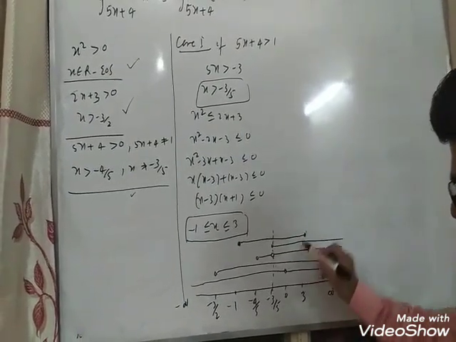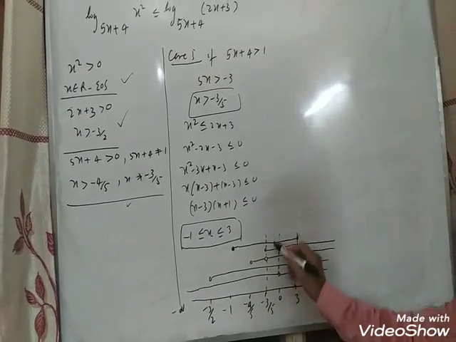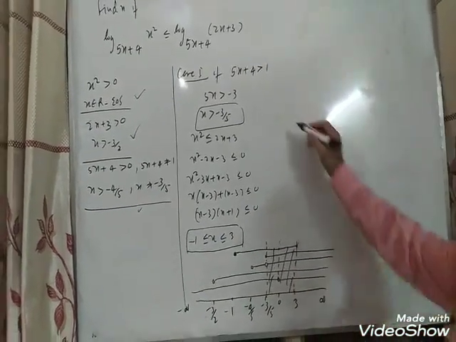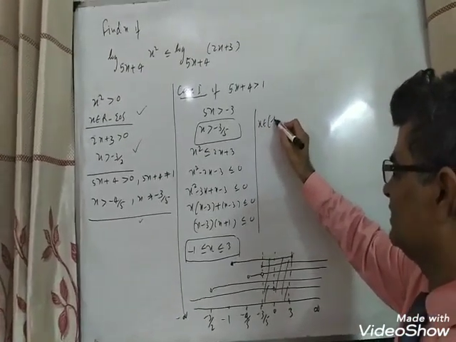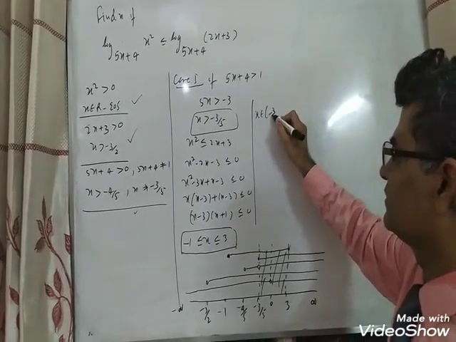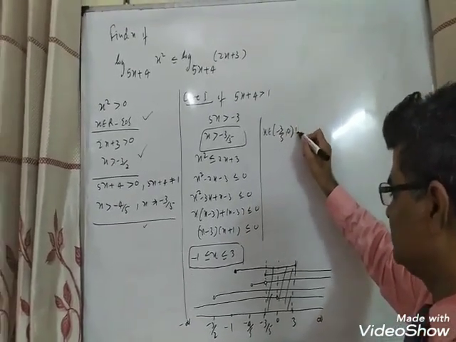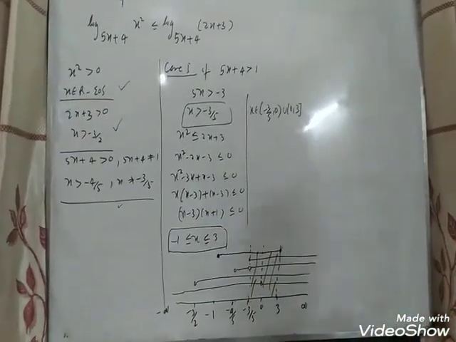The common portion is from here to here except for 0. So in this case the common solution is x from minus 3 by 5 to 0, union 0 to 3, closed at 3.